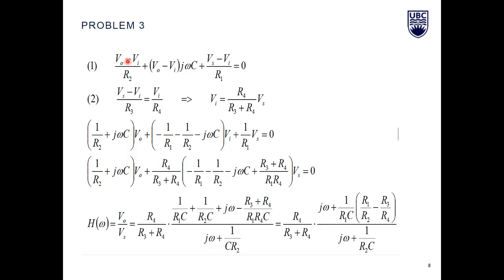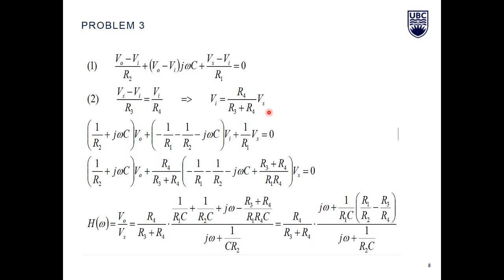Vo minus Vi over R2 plus Vo minus Vi times j omega C plus Vs minus Vi over R1 equals 0. So it's KCL at the negative input terminal of the op amp. And in the positive terminal, we can also write a KCL, which is Vs minus Vi over R3 equals Vi over R4. So this KCL gives us a relationship between Vi and Vs.